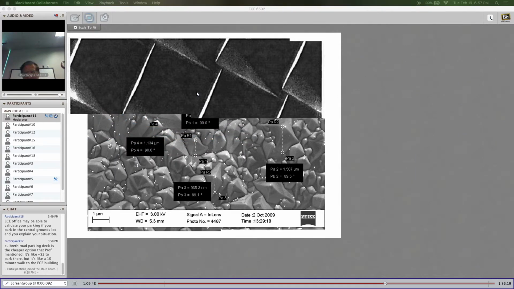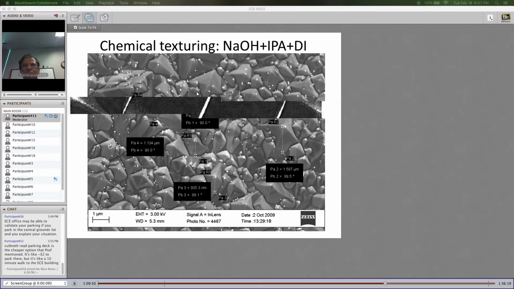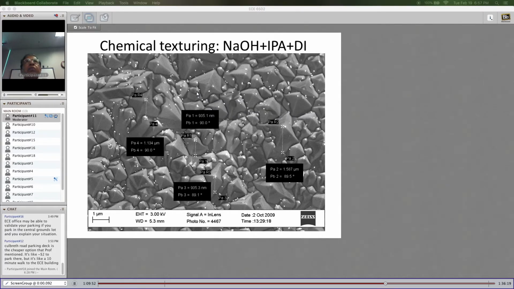If you take a silicon wafer and put it in an acid box, it will not give you any microtexture, because the acid etches the 111 plane and the 100 plane the same way. So it does not give any crystallographic orientation dependent etching.